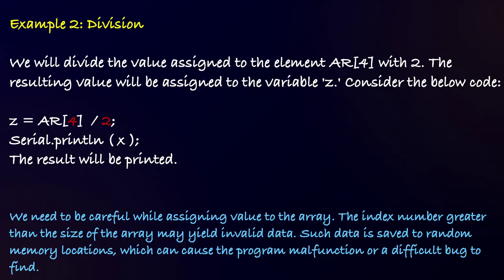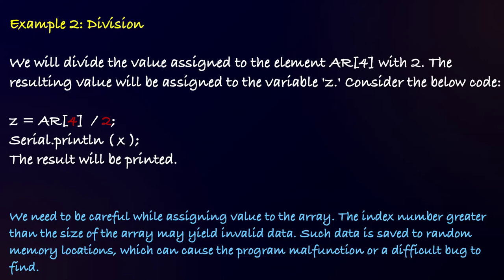So this automatically takes the 5th element of the array and divides it by 2, right? Serial.println(X), that is, I am printing X. If I have given X over here, no result will be printed. If I had given Z over here, then we would have observed the result printed. Okay. I hope you have understood. The result will be printed over here.